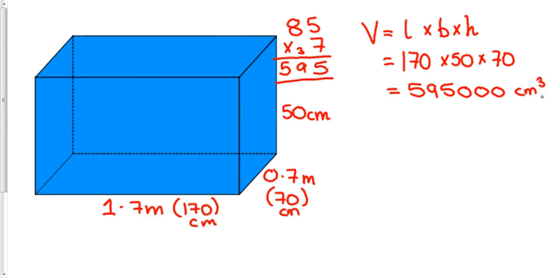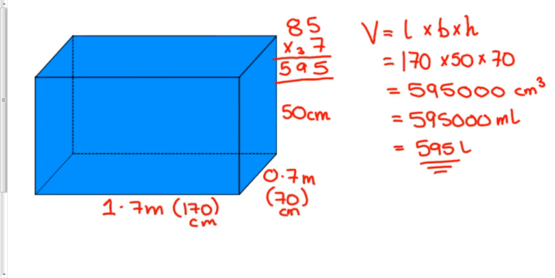This is about to become really, really terrifying. 595,000 cubic centimetres, which, if we think about capacity, is 595,000 millilitres, or 595 litres of water. That is really terrifying when I come to think about it.